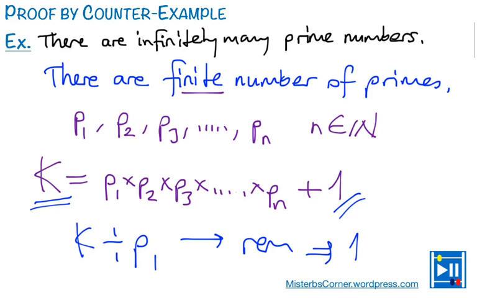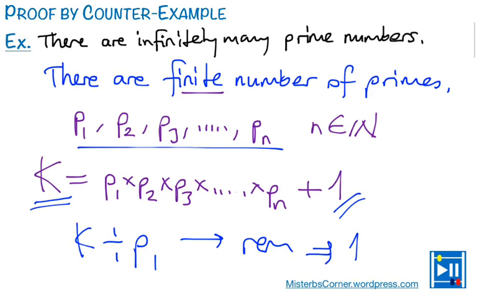This will be true for any of the primes in this list. So k is not divisible by any of these primes, but we know that k should be able to be written as a product of prime numbers. Then either there are prime numbers which are not in this list, so our list is not complete, or k itself is prime.